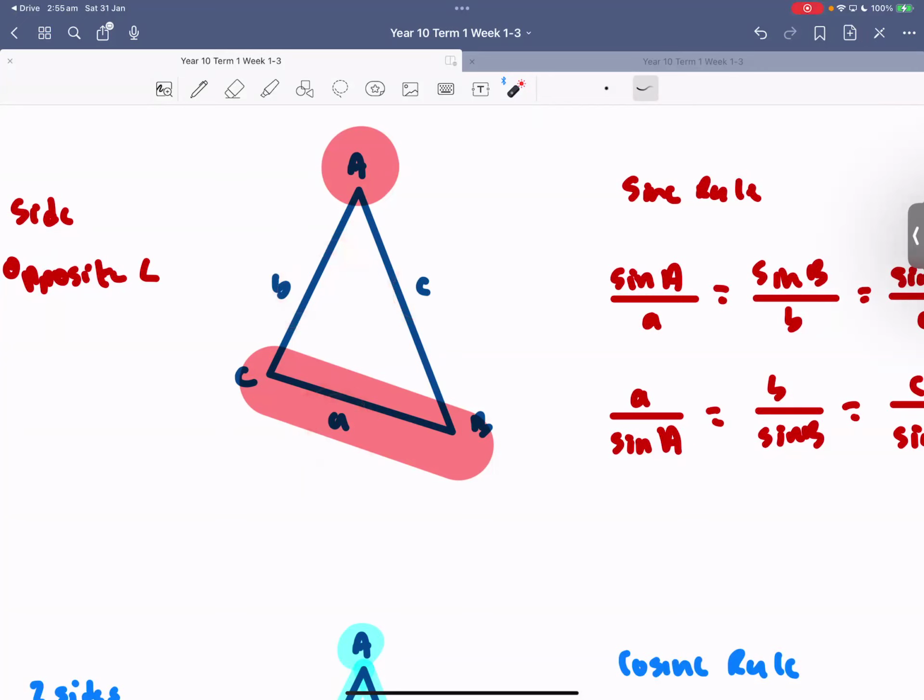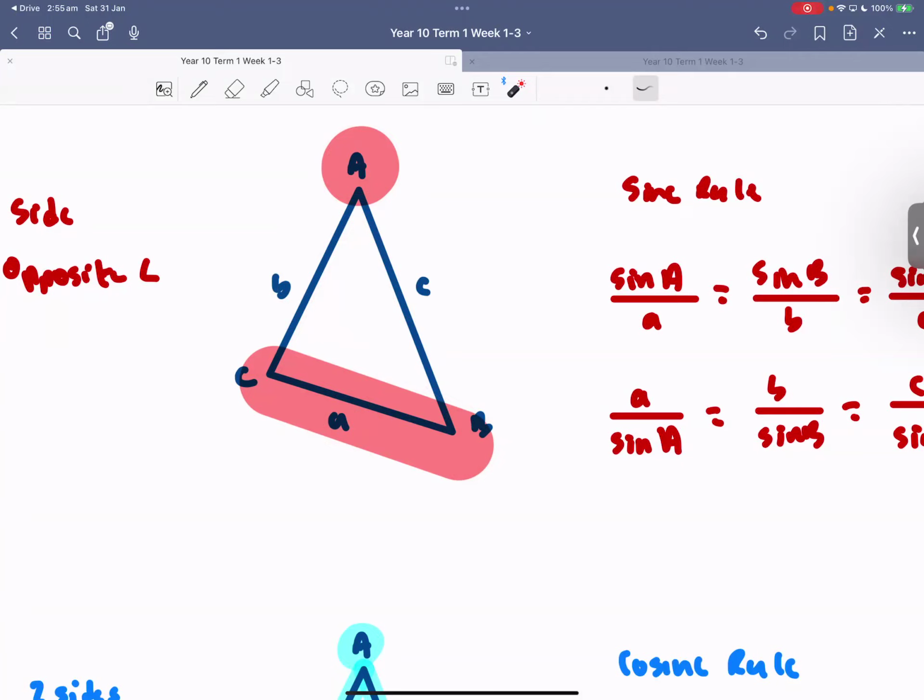The way it works is always the side is opposite the angle. So if this is angle A, the side opposite is side a. If this is angle B, the side opposite is side b. That's just the way it works.